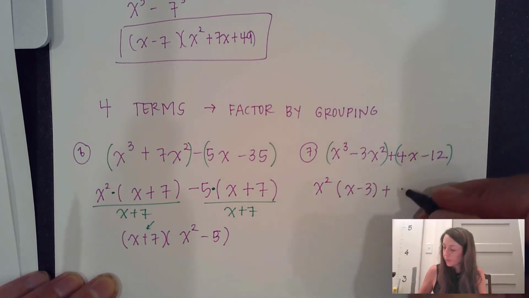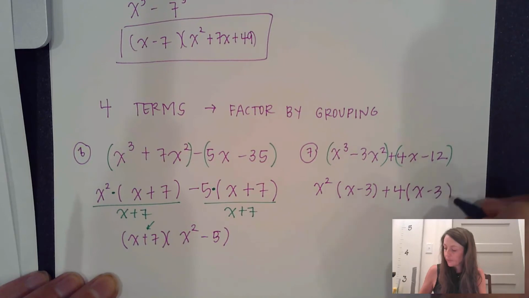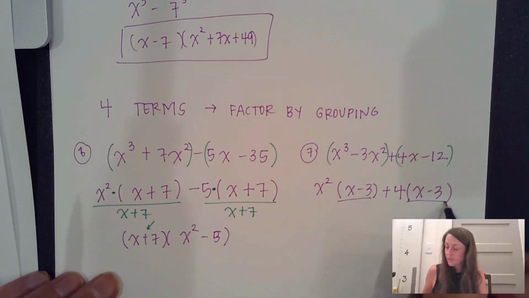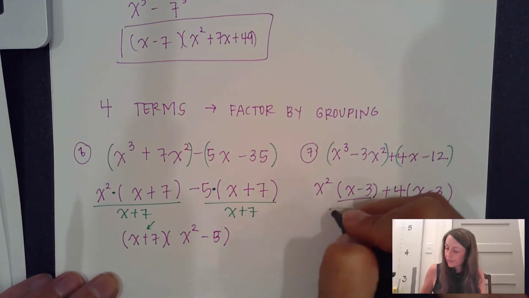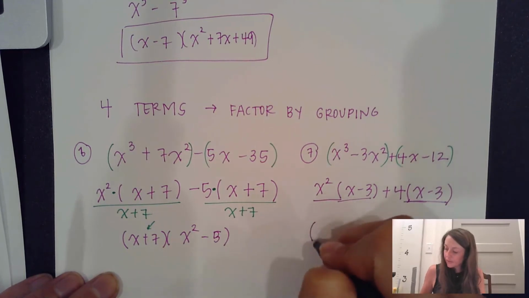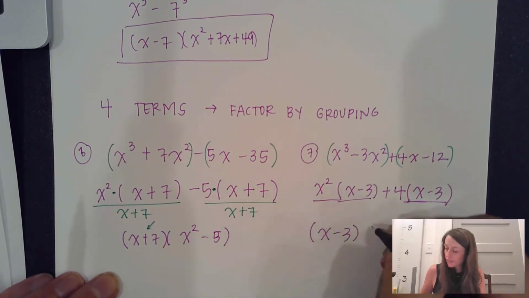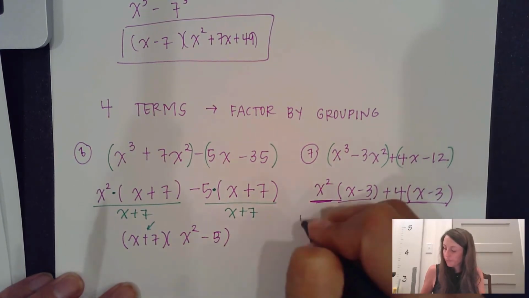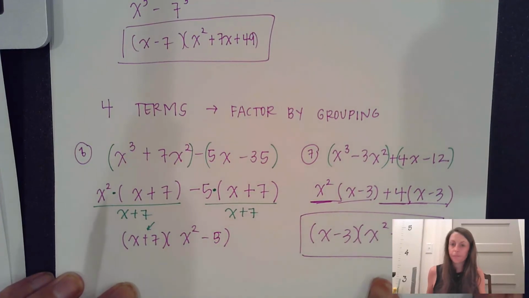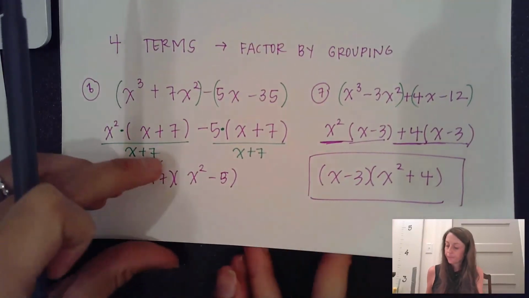Out of the second grouping, we will factor out a 4, and we'll have x minus a 3 left. Your x minus 3's are the same, so you can factor those out. Those are your GCF. So you'll factor an x minus 3 out, and what you'll have in the second binomial is this x squared plus a 4. Okay.